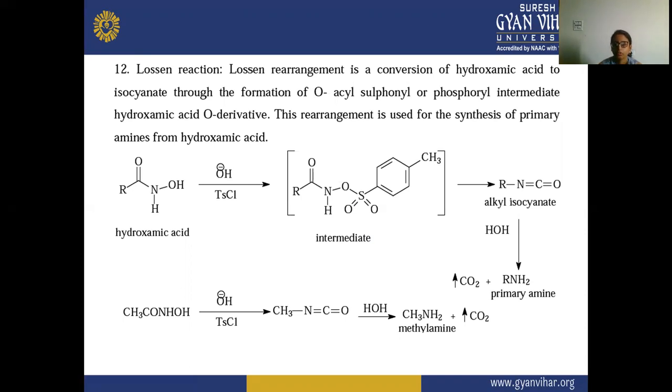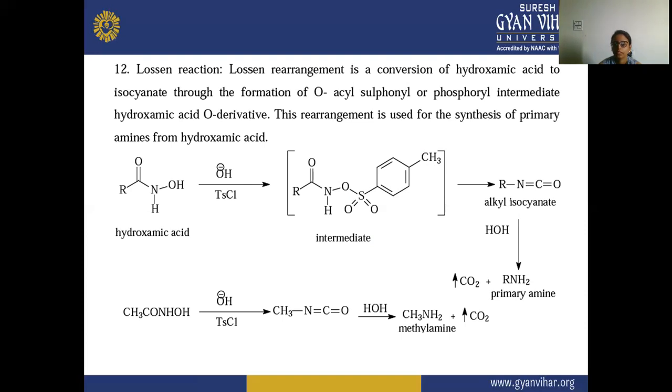So here you can see this is a hydroxamic acid, and it is reacting with this OH negative, and there is a formation of this intermediate, and from this intermediate it is forming alkyl isocyanate. So this alkyl isocyanate is formed, which is then reacted with the water molecule, and there is a formation of the primary amine, plus CO2 is evolved.